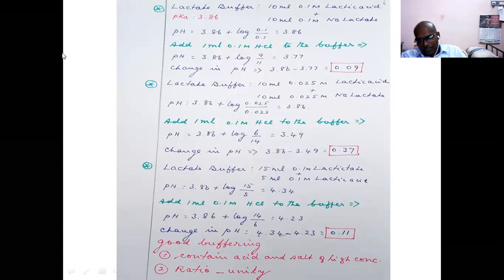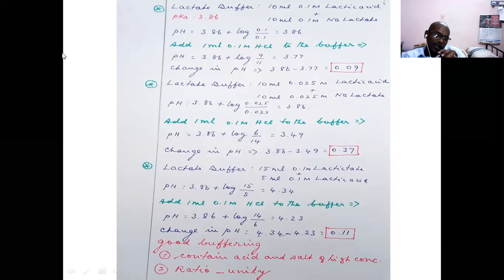Look, first I take a buffer in which 10 ml of 0.1 molar lactic acid and 10 ml of 0.1 molar sodium lactate are mixed together. Suppose you are taking a test tube or a beaker in which you take 10 ml of 0.1 molar lactic acid and 10 ml of 0.1 molar sodium lactate. You mix them together. The pKa value for lactic acid is 3.86.